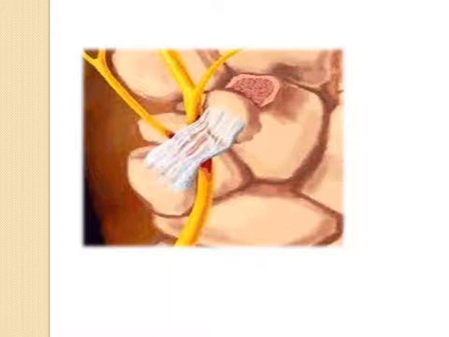Okay, compression lesions of the ulnar nerve are typically described as falling into one of three different types based upon the anatomic location of the compression.